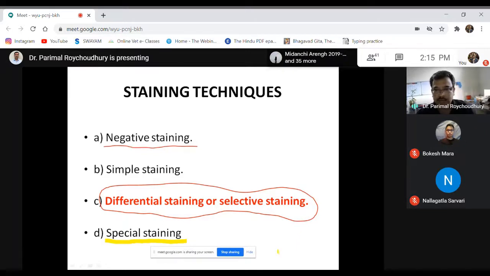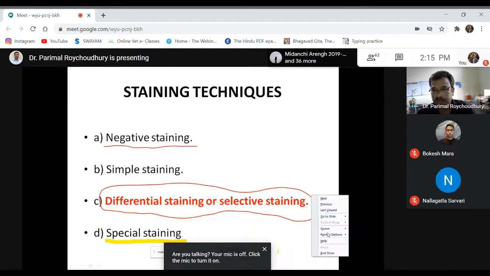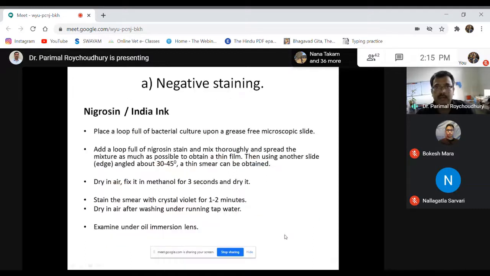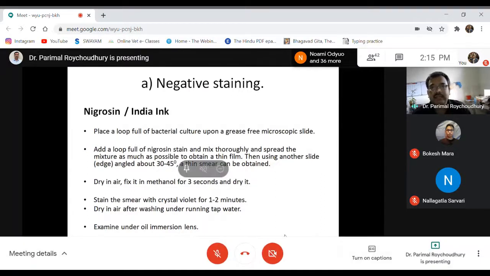Now coming to the first staining, called negative staining. Please note down examples of negative staining. Nigrosin and India ink are the two commonly used negative stains. Here, the stain particles are so big that they cannot penetrate inside the bacteria.